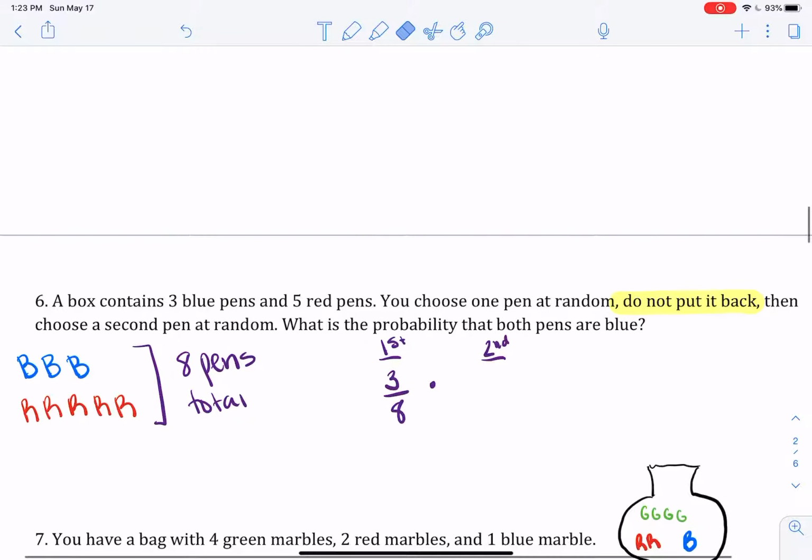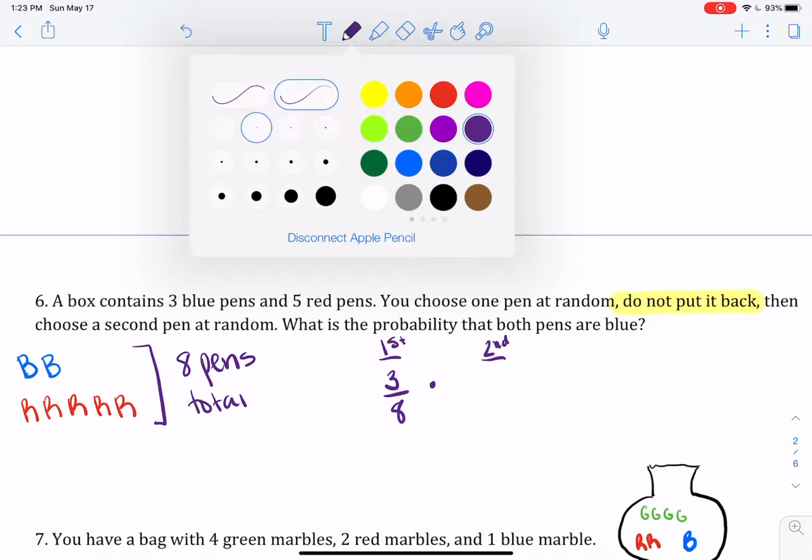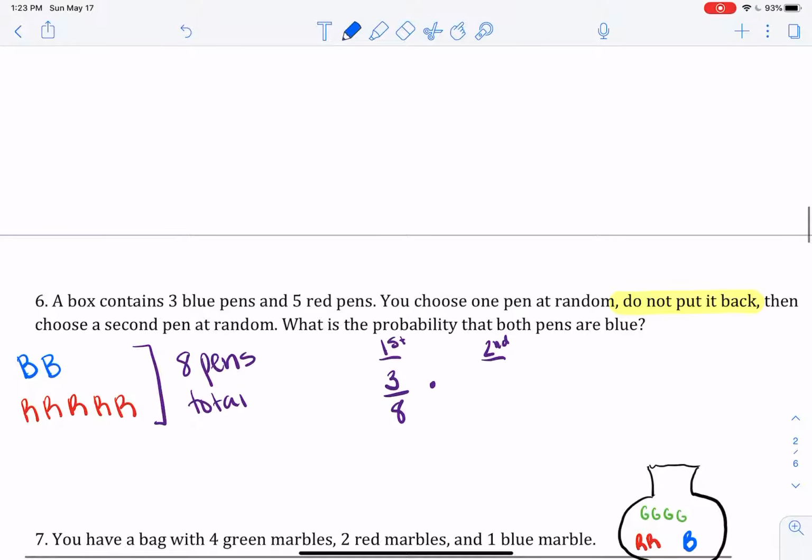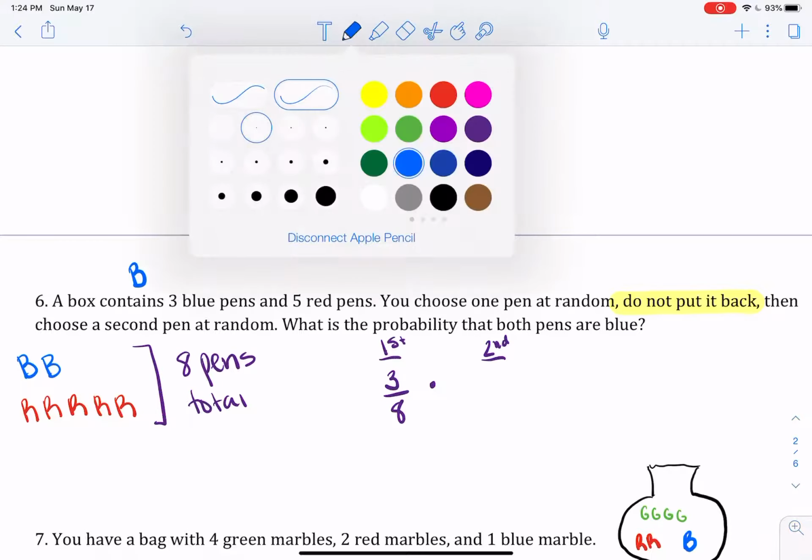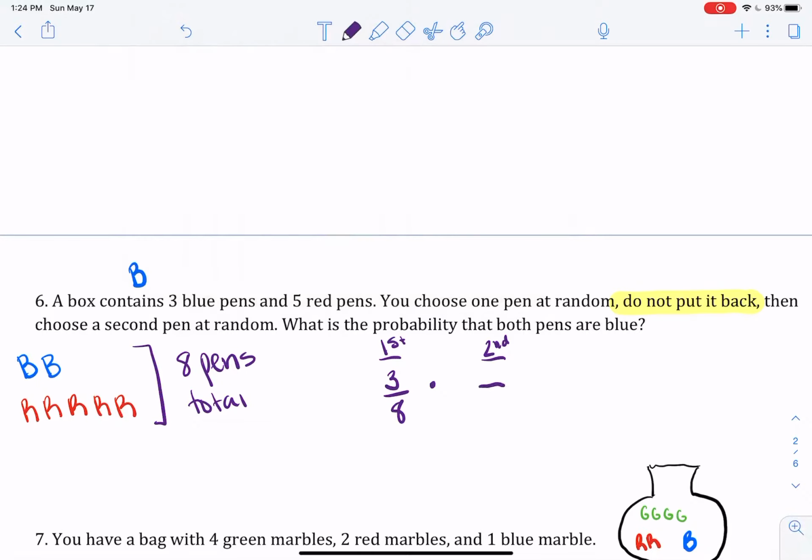So when I take that pen out, I have now moved that pen. I took it out, and it's no longer in there as a choice. So technically, I now have one less pen to choose from, right? So now how many blue pens are there? Well, now there's only 2 out of 7 pens to choose from, okay?